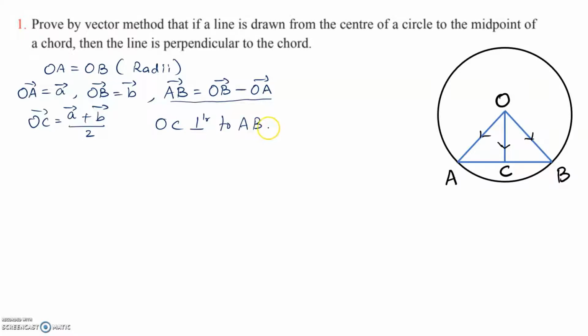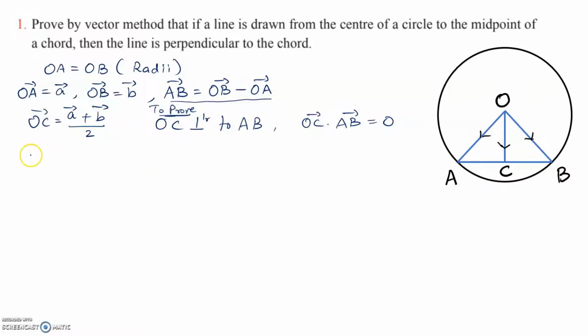So what we need to do is we have to show that our OC dot product with AB is equal to 0. So let's start working on this.